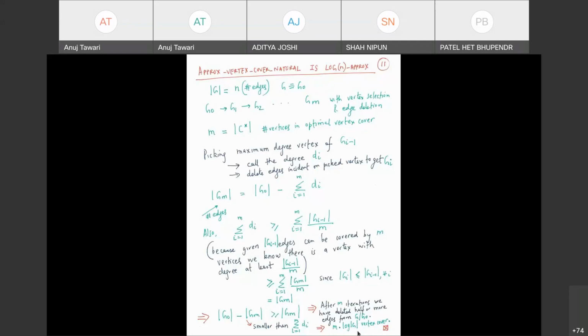So finally you get an m times log n size vertex cover. The size of the vertex cover is at most m times O(log n). So we know that the optimal is m, and we got an m times log n size vertex cover, and therefore this is a log n approximation algorithm.